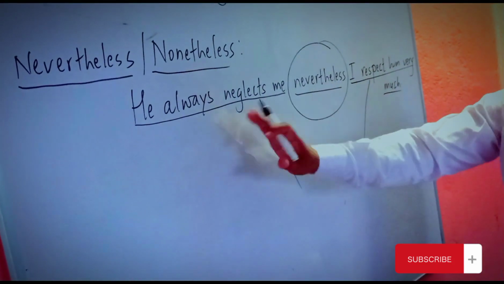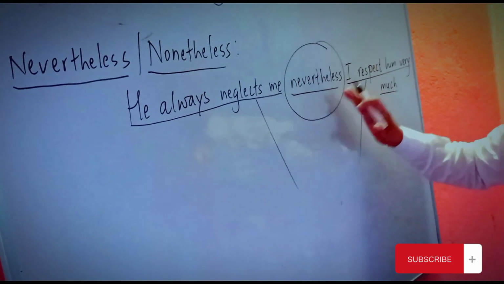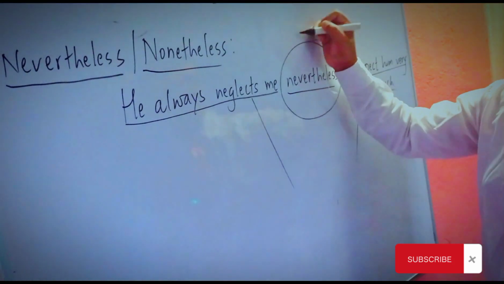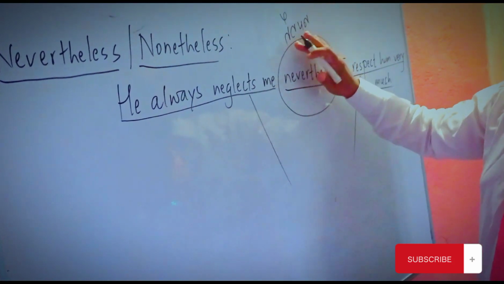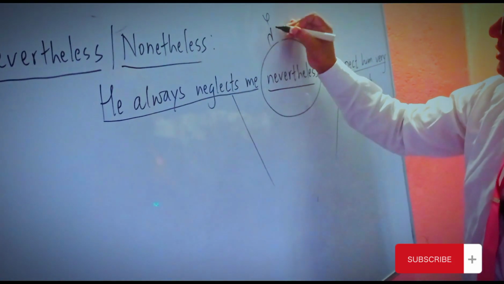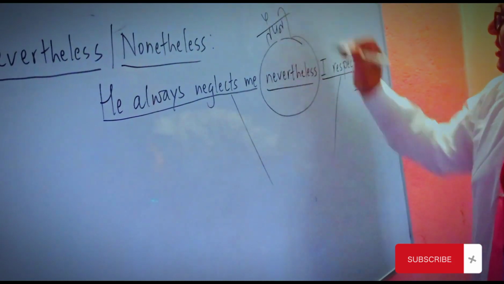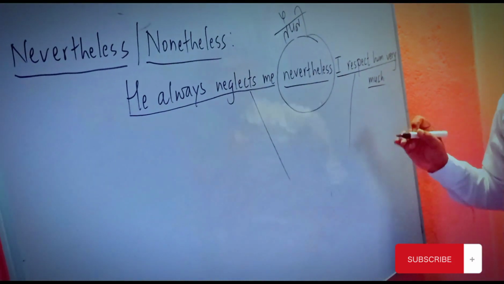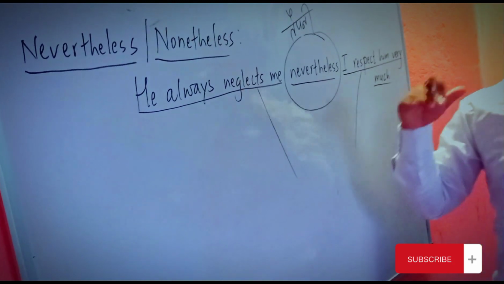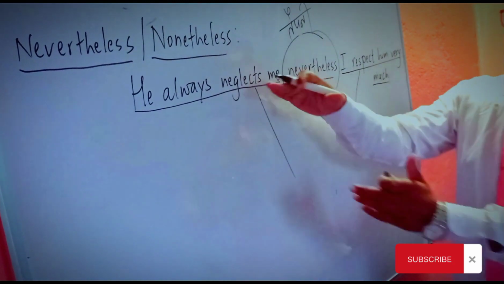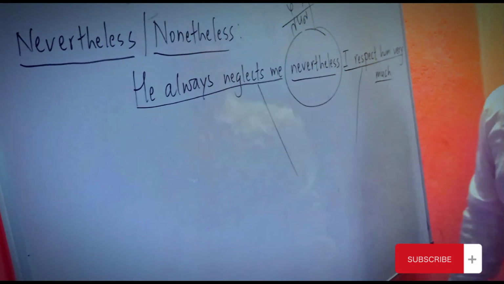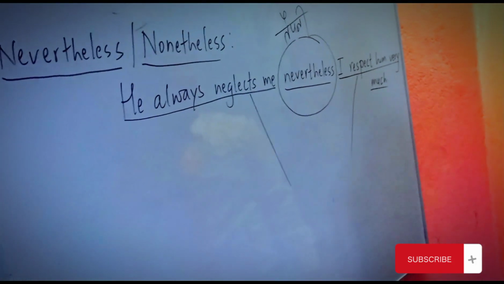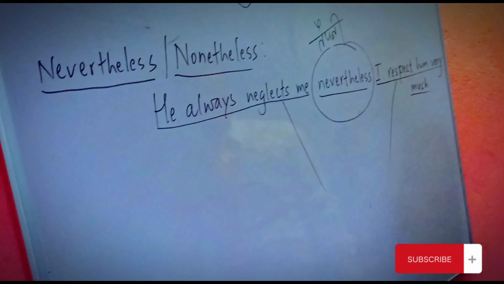If you go to Nepali, it is "tai pani". He neglects, you are annoyed because of his habit, still you respect him. He always neglects me, nevertheless, I respect him very much.